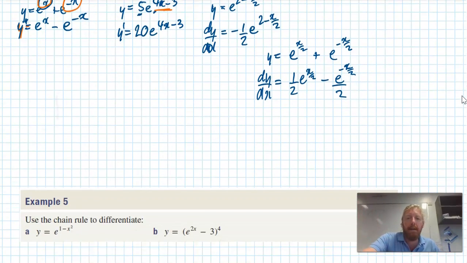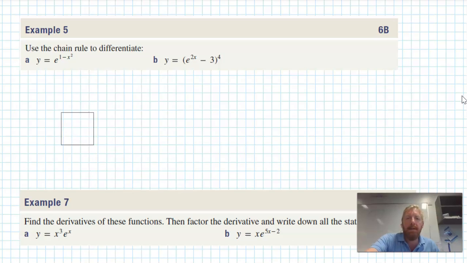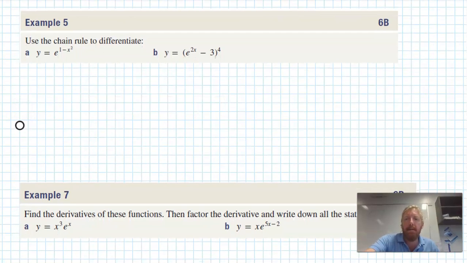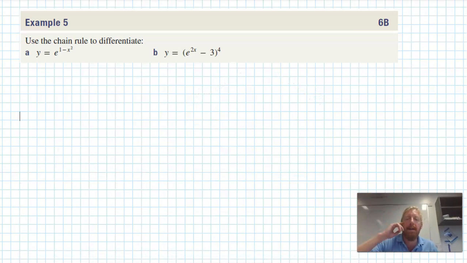Alrighty, next. Use the chain rule to differentiate. I don't know if I actually want to use it, but we are using the chain rule. They want us to set it out the long way, but we are using the chain rule is what we did in the proof. So if we've done it in the proof, I think we're fine to just go and use it. y equals e to the 1 minus x squared.